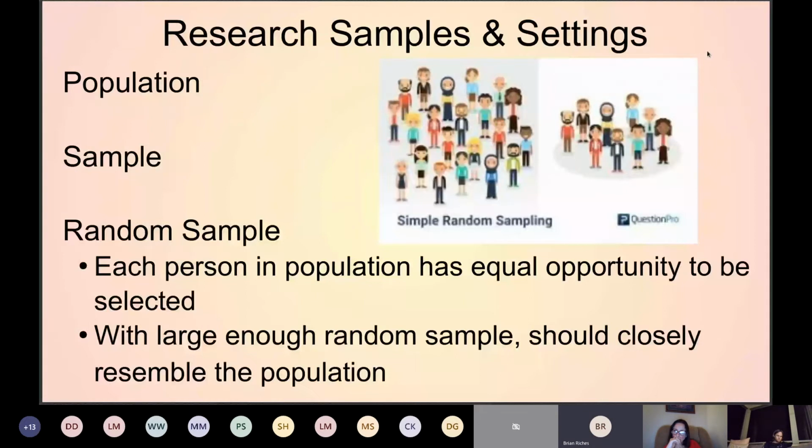It takes a lot of time, takes a lot of people. But let's say you get 10% of the population in a random sample. That would be a pretty good picture that would pretty closely resemble the population of the United States of America.